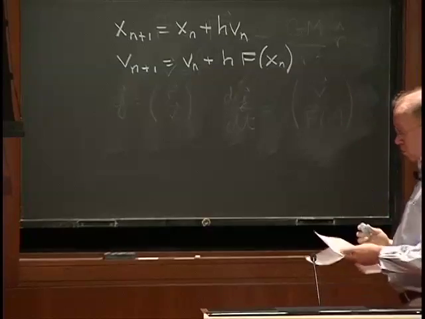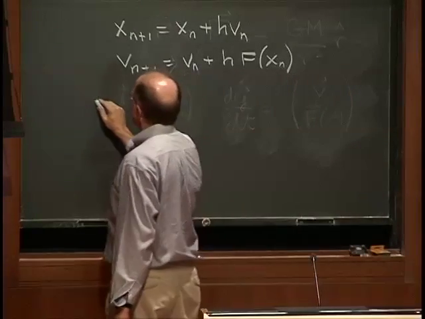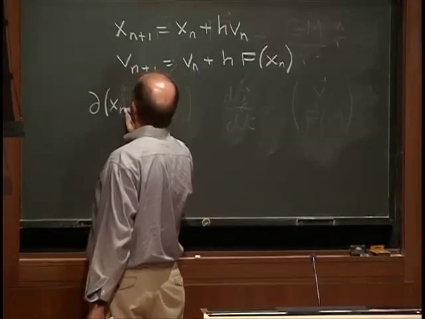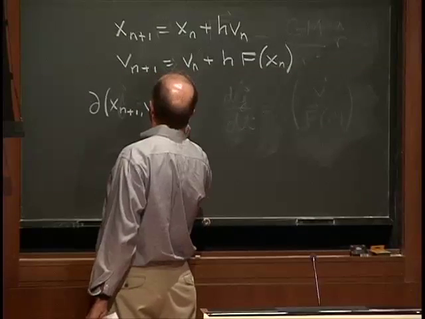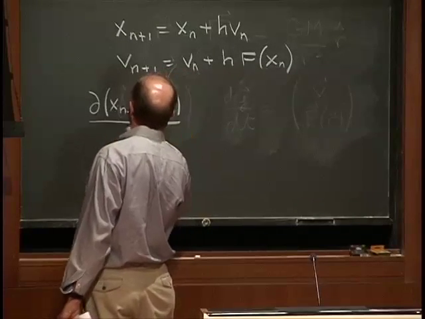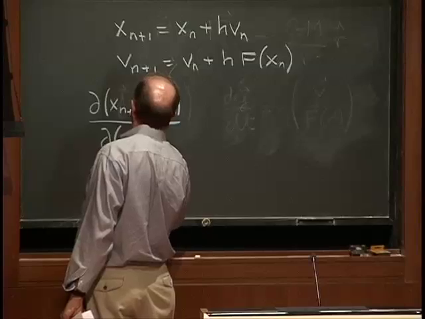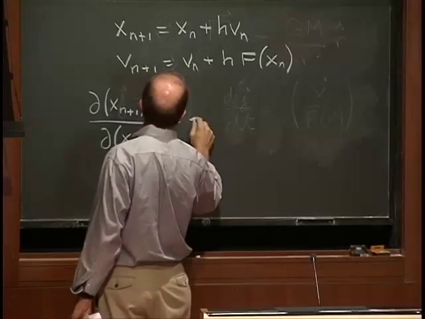So I can evaluate the Jacobian of xn plus 1, vn plus 1 over xn and vn.